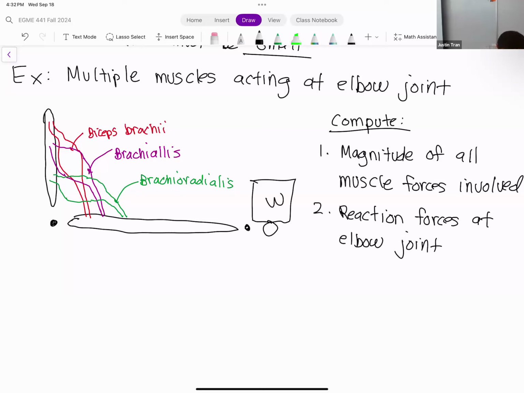So let's list all of our assumptions here. First, and this is typically true for most of the problems, all of the geometric parameters and lengths will be given to you.